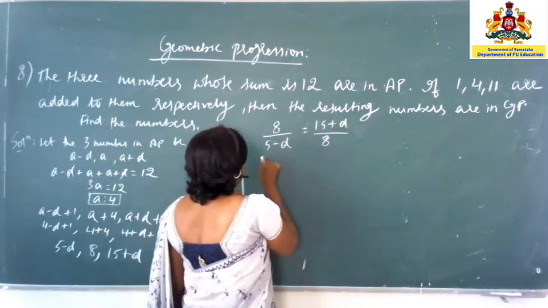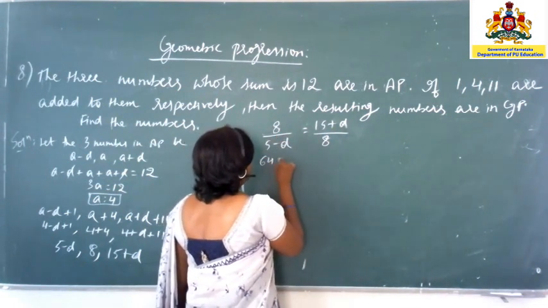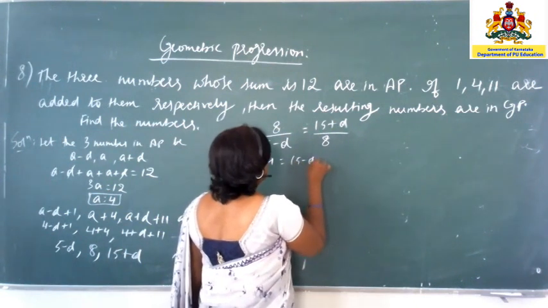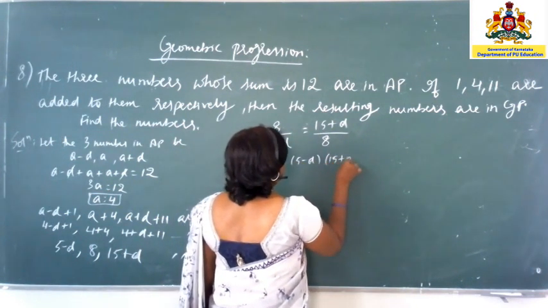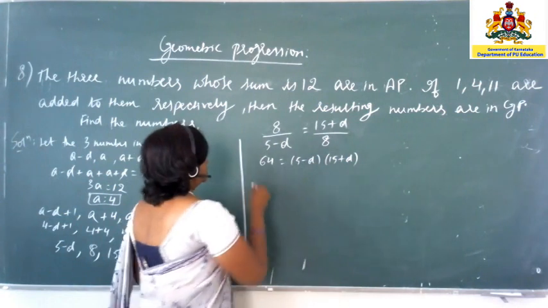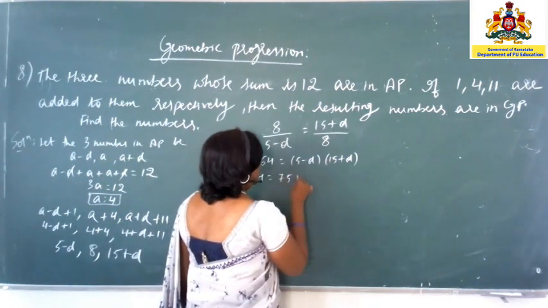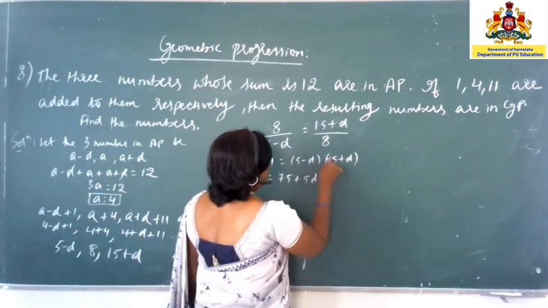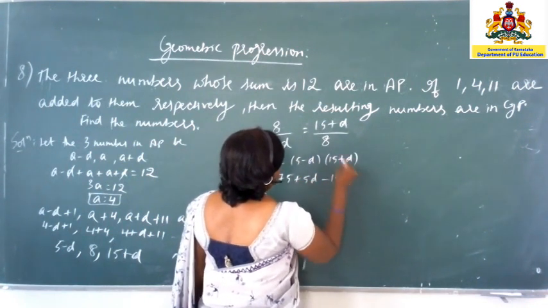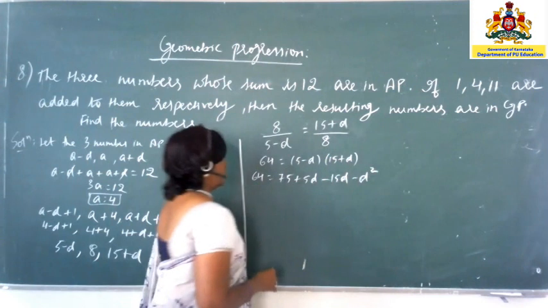So just cross multiply, 8 into 8, 64 is equal to 5 minus d into 15 plus d. So 64 is equal to 5 into 15, that is 75 plus 5d minus 15d minus d square.